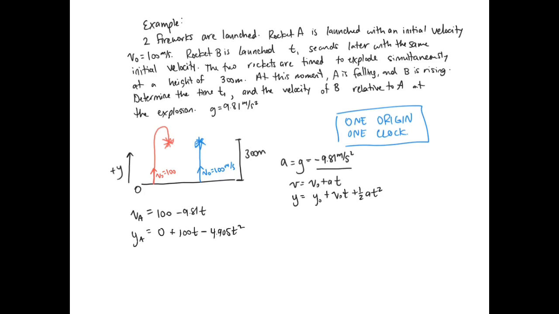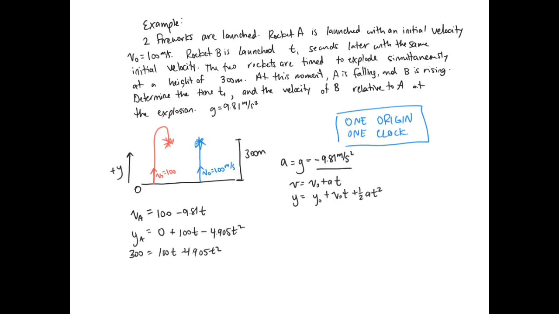From this equation, we can find the time t when firework A explodes, because we know that it happens when ya is equal to 300. So we'll have 300 is equal to 100t minus 4.905t squared.